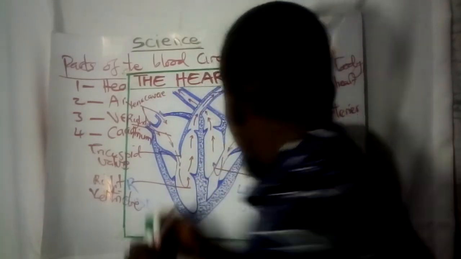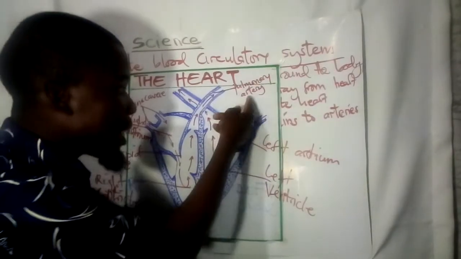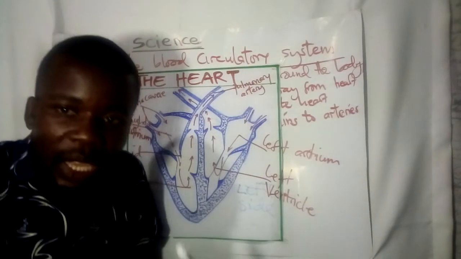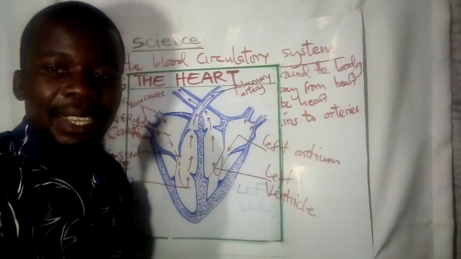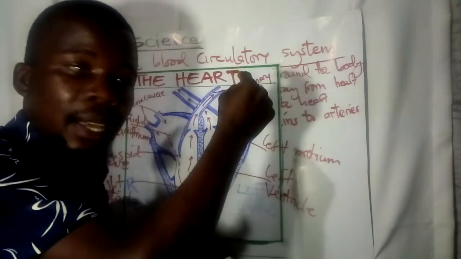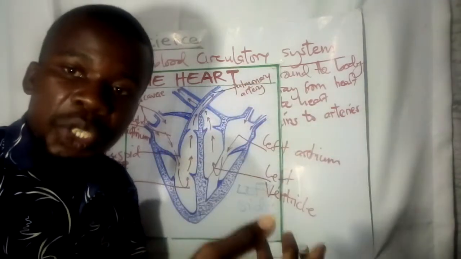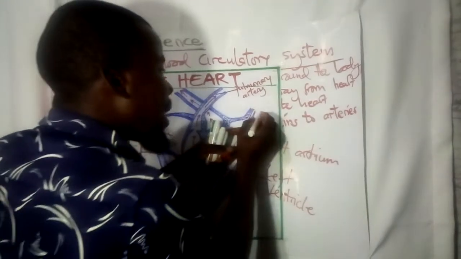So this one is an entry into the heart, and this one as well is an entry into the heart, but on the left side. So the blood that comes from the lungs contains oxygen, and that blood enters the heart through the pulmonary veins.